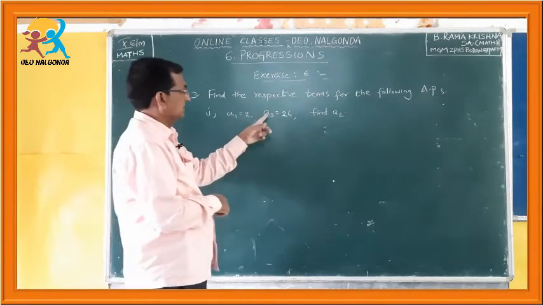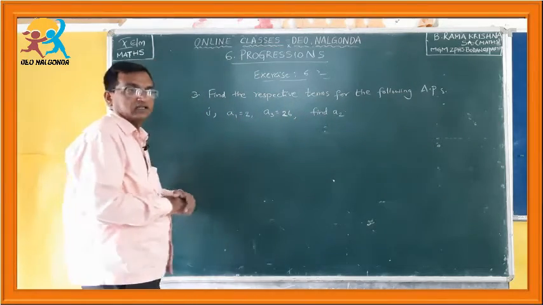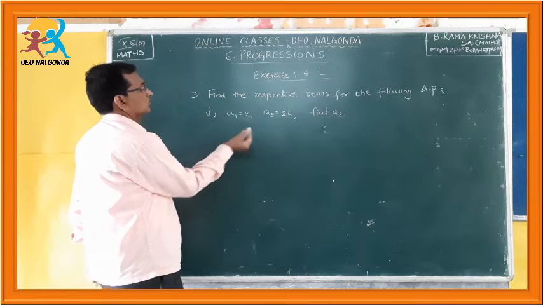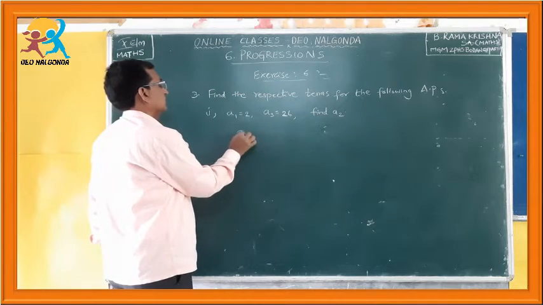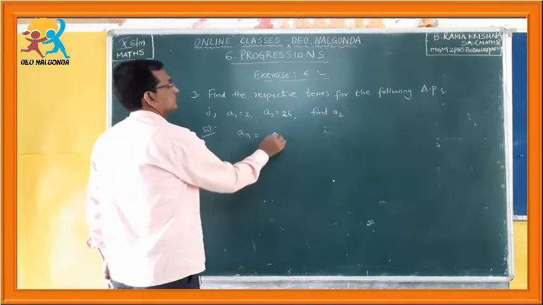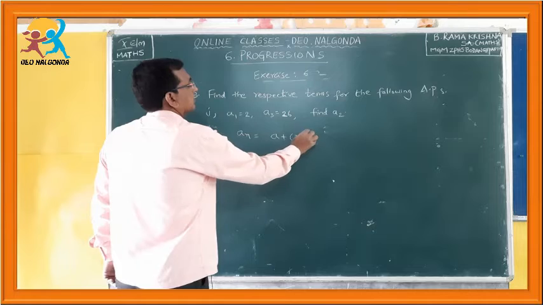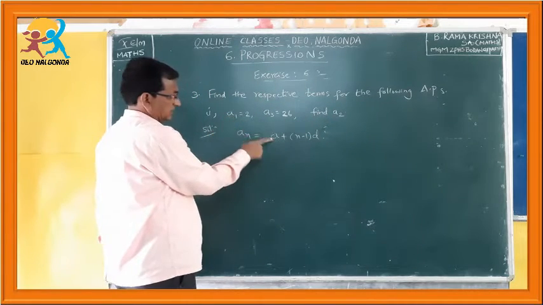First term given, third term is given, he is asking us to find the second term. How to find this? So simple, you have to write the nth term formula. An is equal to A plus n minus 1 into d. You know that A1 is nothing but A.